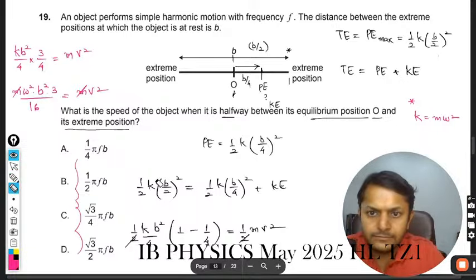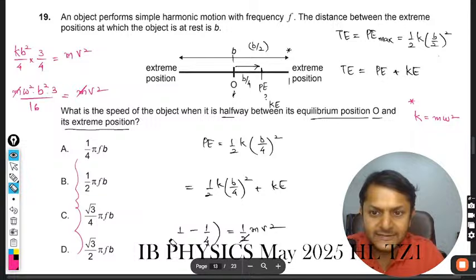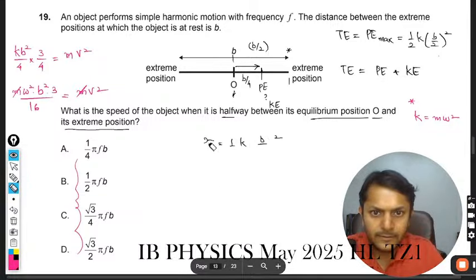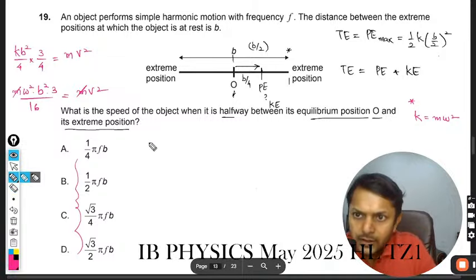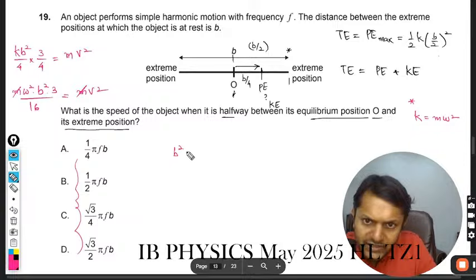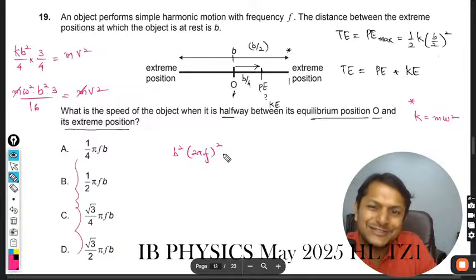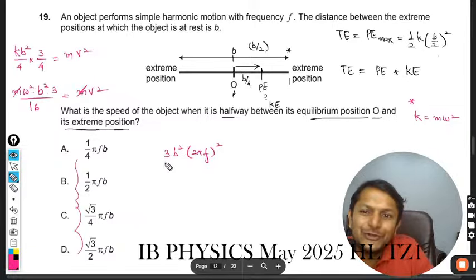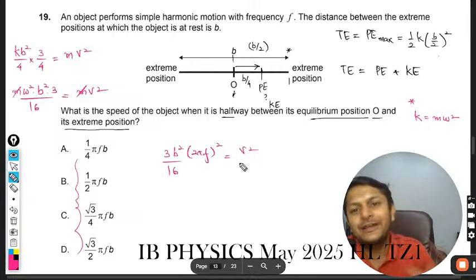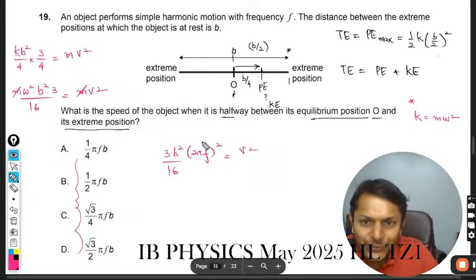Yeah, b square. Now omega can be written as 2 pi f whole square into 3 divided by 16. That will be equal to v square. This is where we will be getting the answer.